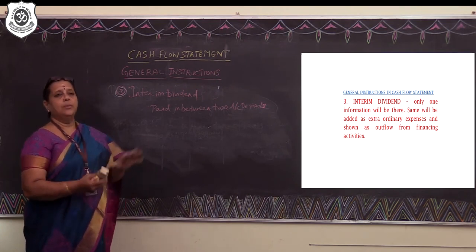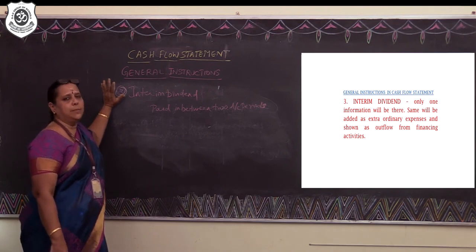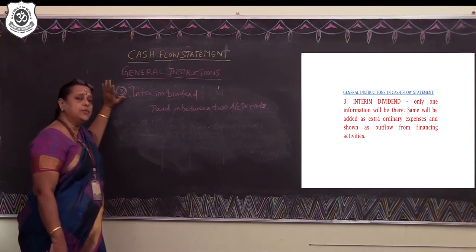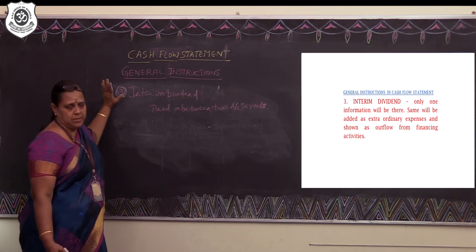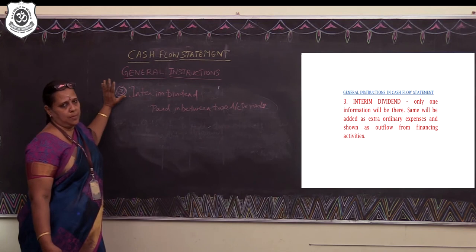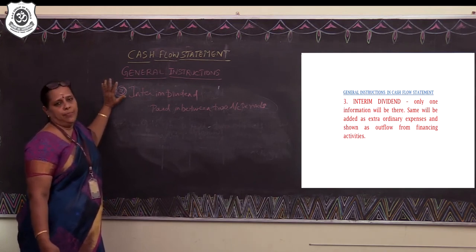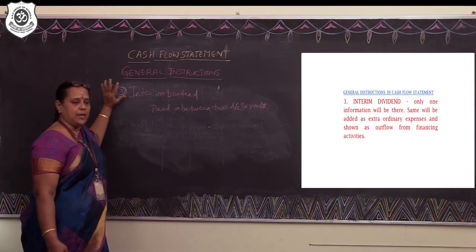Why? Because the payment of interim dividend depends upon the surplus funds a company has and the company doesn't find any other expense for that. The company doesn't foresee any other expense for the surplus amount. Therefore, the company decides to declare interim dividend. And interim dividend is paid in cash. Therefore, there is a cash outflow.